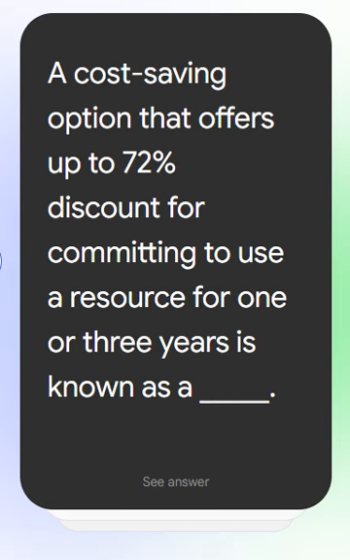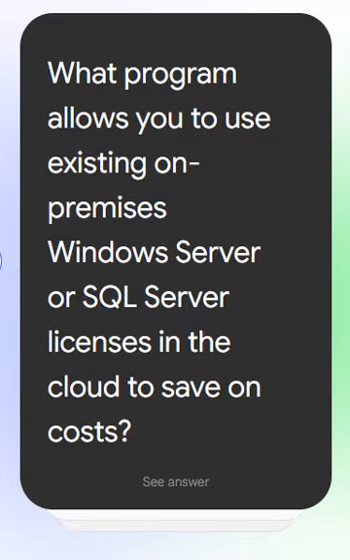A cost-saving option that offers up to 72% discount for committing to use a resource for 1 or 3 years is known as a reserved instance. What program allows you to use existing on-premises Windows Server or SQL Server licenses in the cloud to save on costs? Azure Hybrid Benefits.